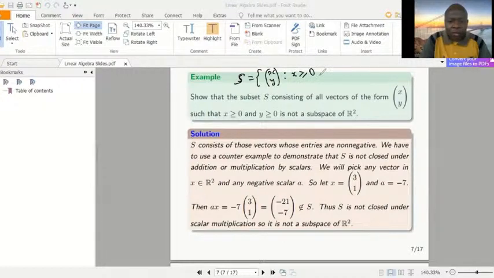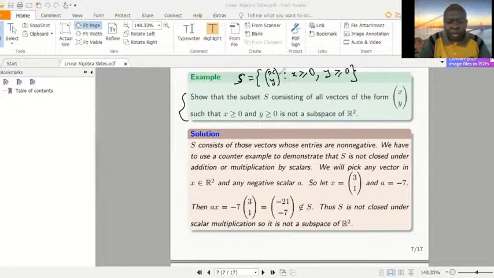I want you to know how to write it differently, so that when you see it written in a different way, you don't see it as something you've never seen before. This is the other way it can be written. So if somebody writes it this way or this way, it's the same thing.